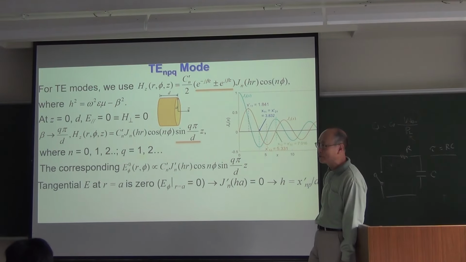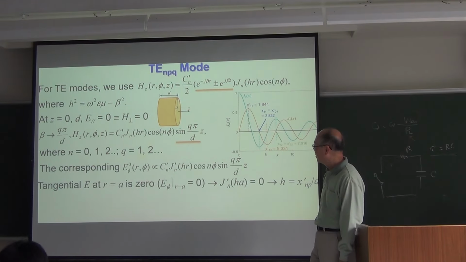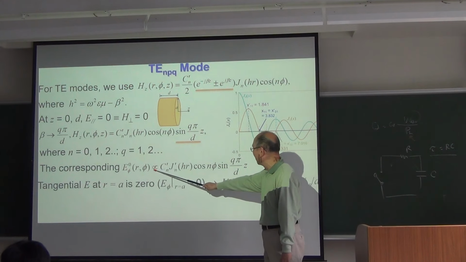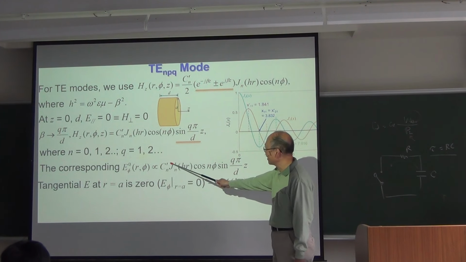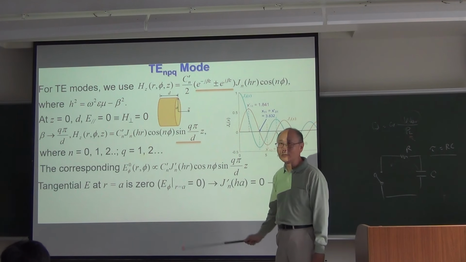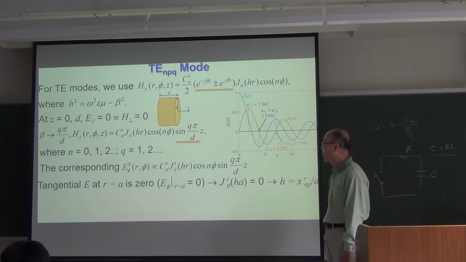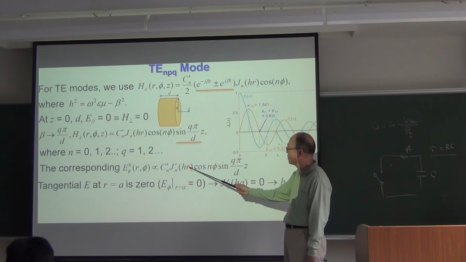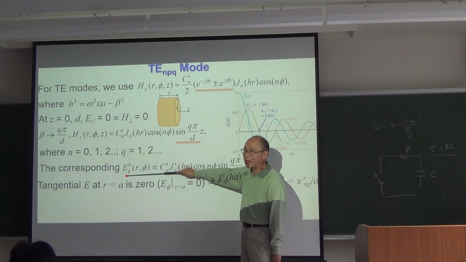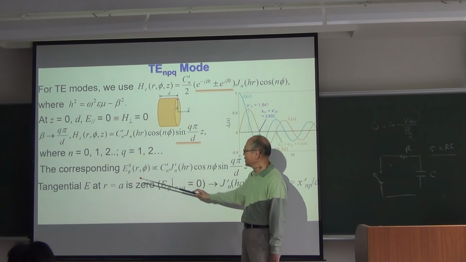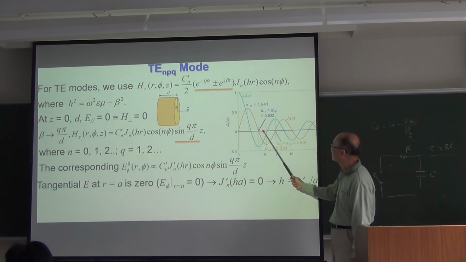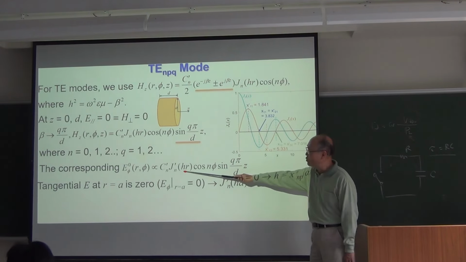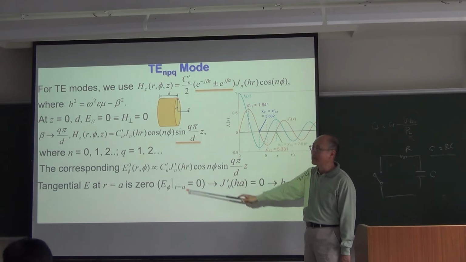Alright, now, the boundary condition for the electric field at r equal to a is 0 for the tangential component of the electric field. So when you do the calculation for E phi, then you end up having a calculation for the derivative of the Bessel function. Okay. So if you set this equal to 0 and take out this phi component of the electric field, then you'll be looking into the zeros of the J prime Bessel function. Okay.